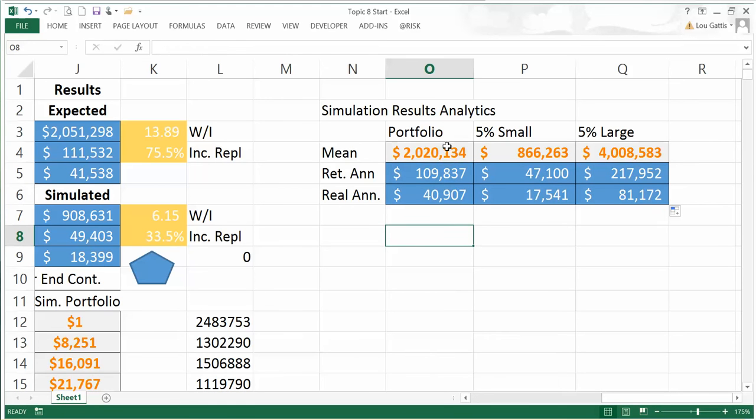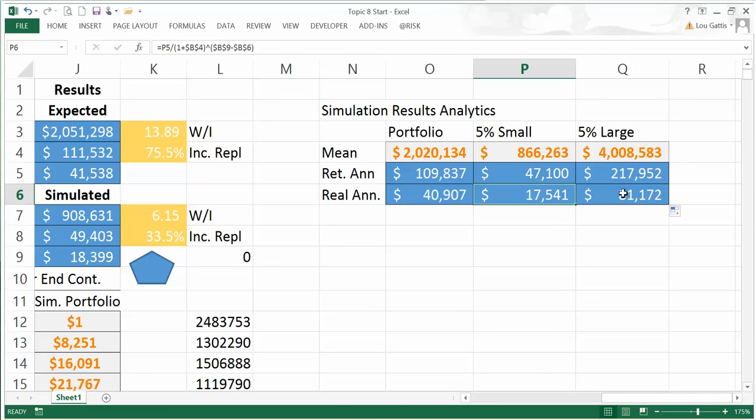So what you see is our portfolio is expected to have a value of 2.05 million. Although with our limited 5,000 iterations, we didn't get quite as close as I'd like, but it'll usually be on average about 2.05 million. However, the 5% worst case scenario, looking at these observations, would be retiring on a portfolio value of 866,000, which then gets us an annuity of only, in real terms, $17,000.